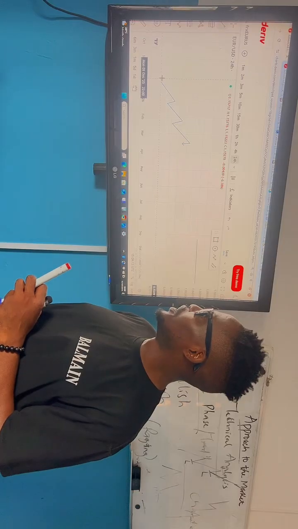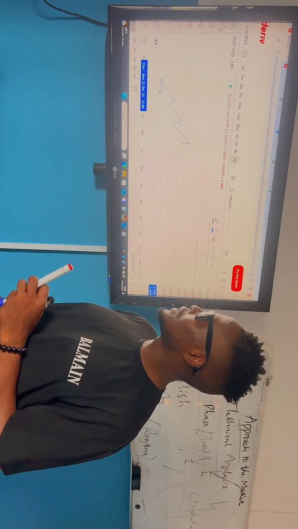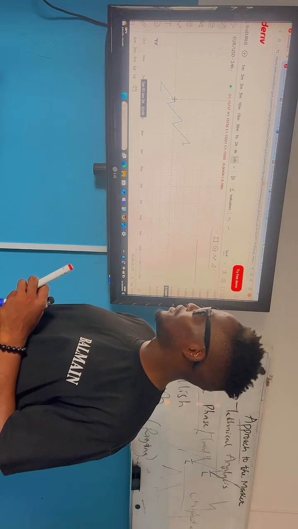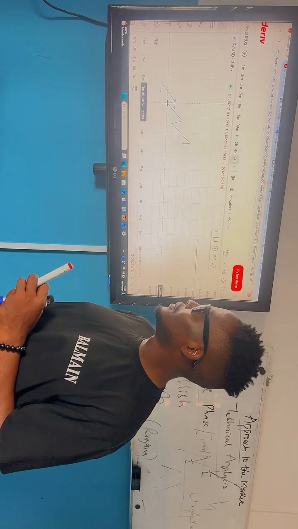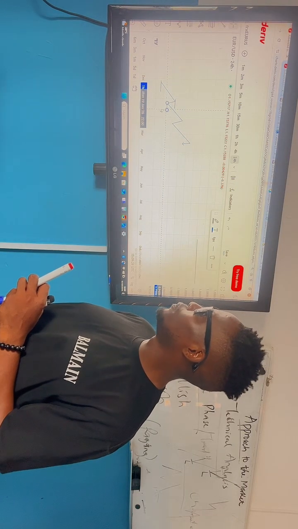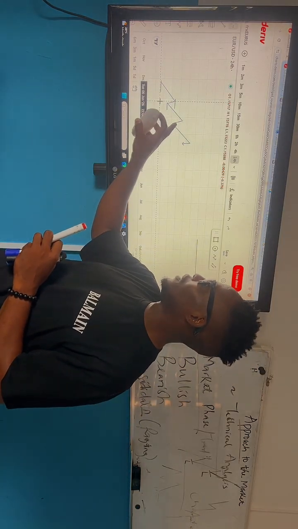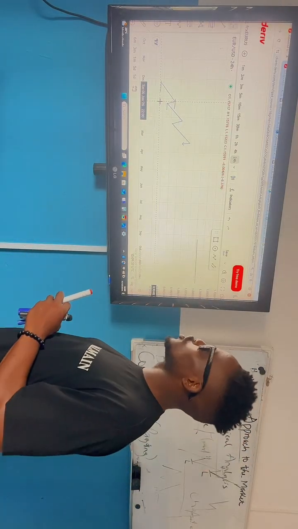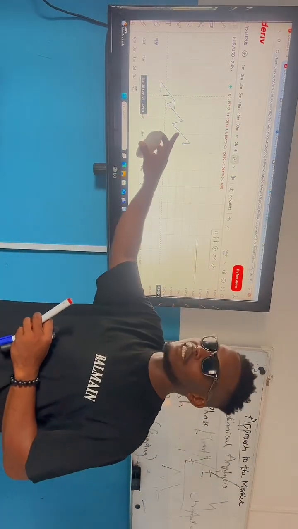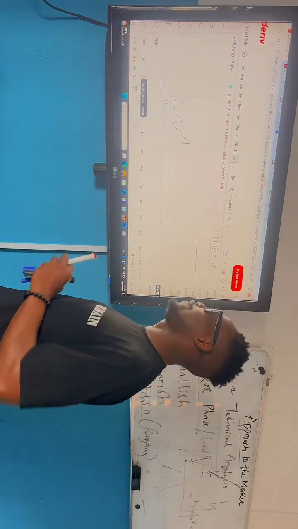This is the origin of wave one, this is the high of wave one, then this is wave two, and this is the low. So this is the high, low, high, low, high, and low. You've understood that we are going to move further. When you see a series of this, the market is in an uptrend. That is to say, the market is in a bullish phase.